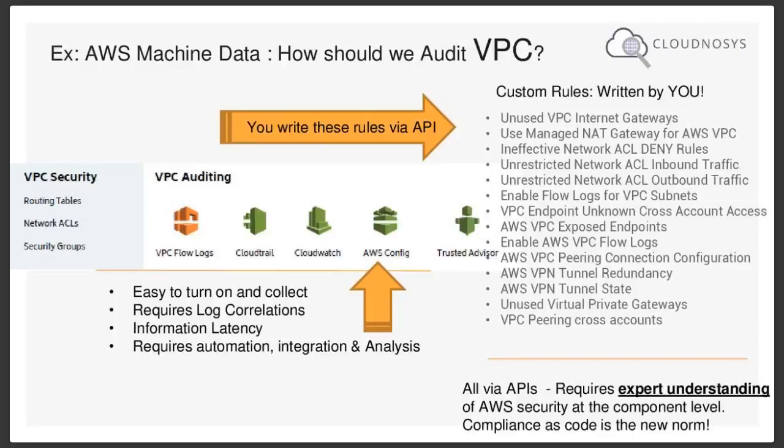So you have to look at those unrestricted ACL inbound traffic and outbound traffic. You have to enable flow logs for VPCs for the subnets. That's something people miss. And you have to look at things like VPC peering across accounts. So that's generally not a good security practice. So you need to watch for that.